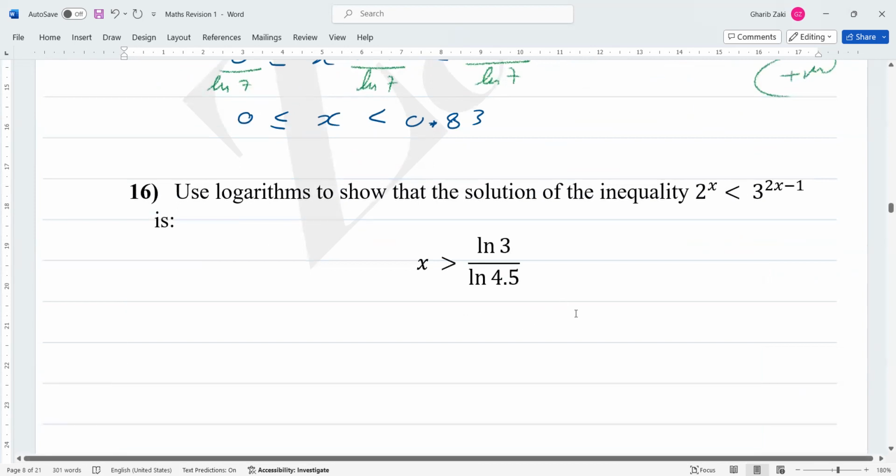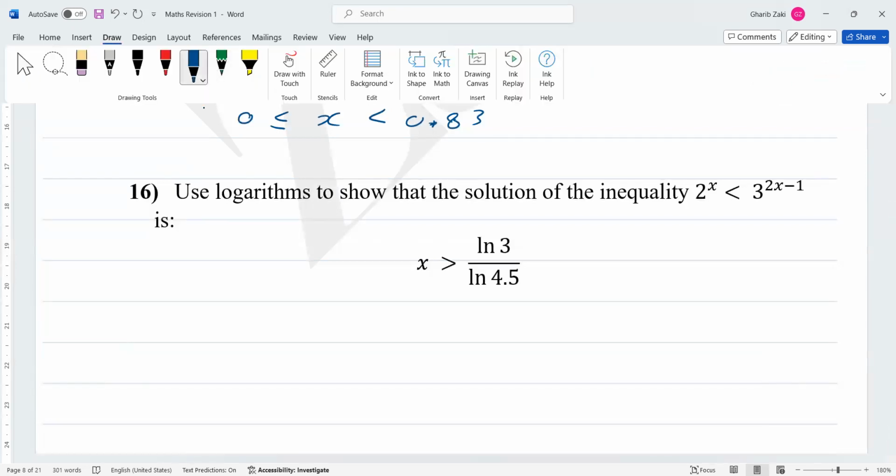He said use the logarithm to show that the solution of the inequality is given. Try to think of it. Of course, we start by taking ln of both sides.